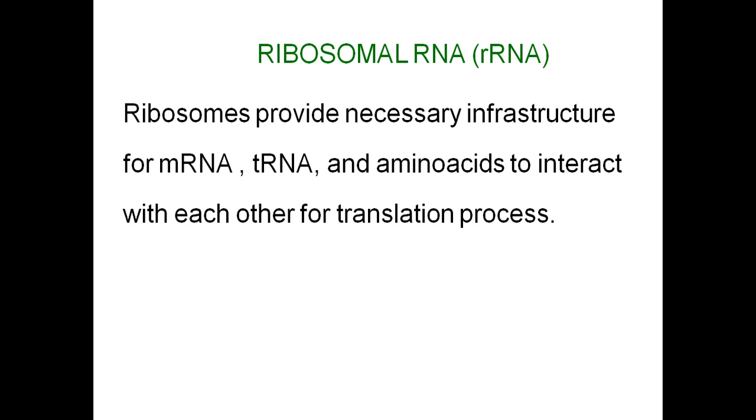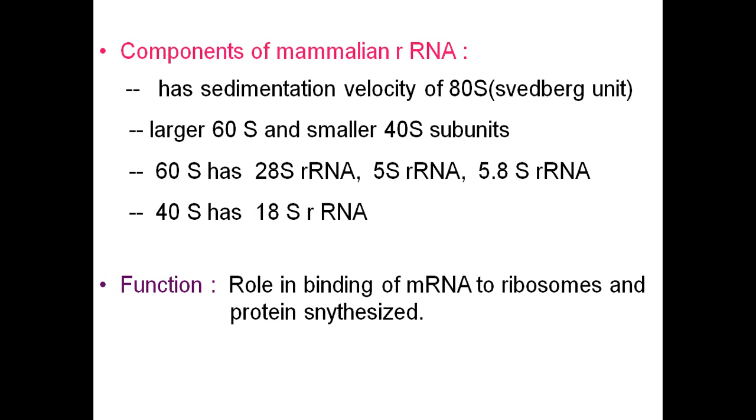Translation means synthesis of proteins from RNA. So ribosomal RNA provides the necessary infrastructure for protein synthesis, and mRNA and tRNA help rRNA in the ribosomes so that protein synthesis takes place during translation.